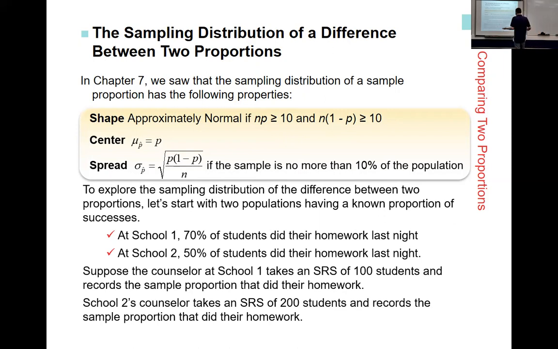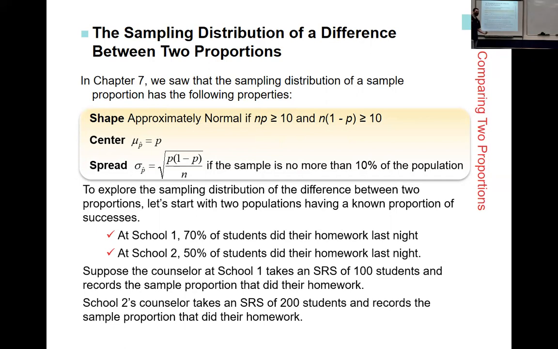All right, so let's say we have two schools where we are trying to figure out the difference in their homework completion from last night. And we have 70% of school 1 and 50% of school 2.